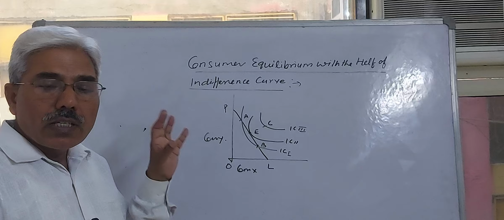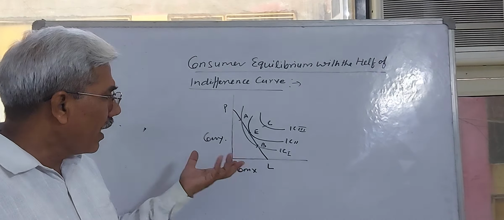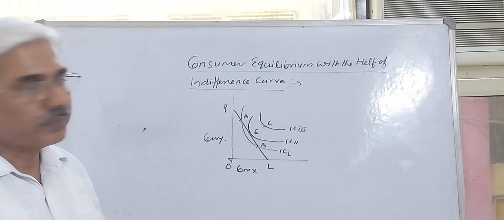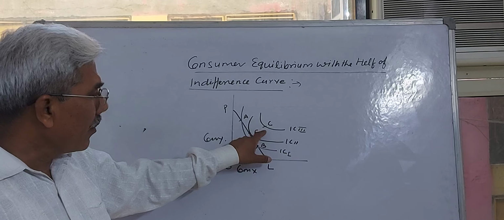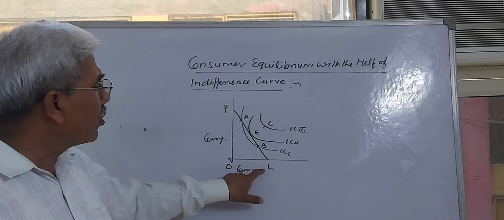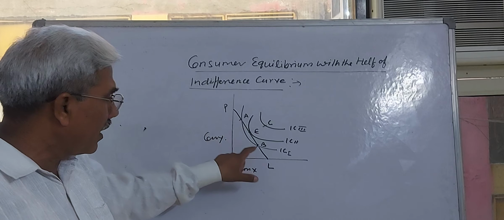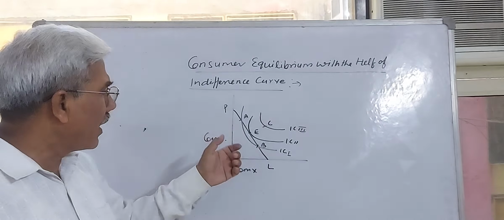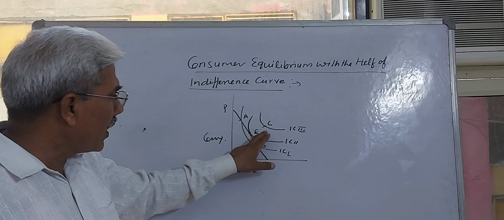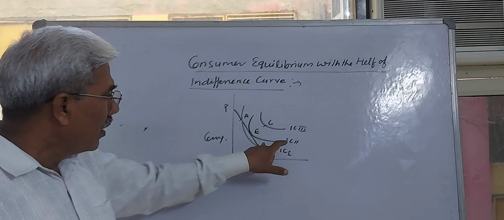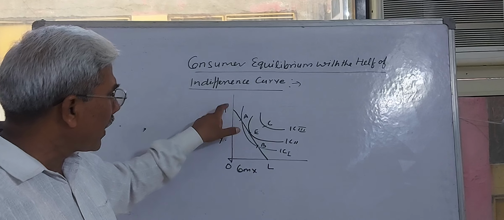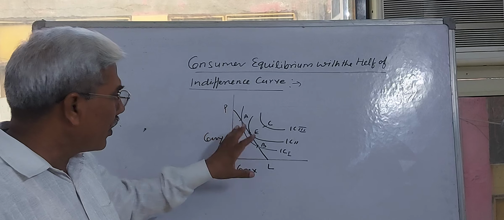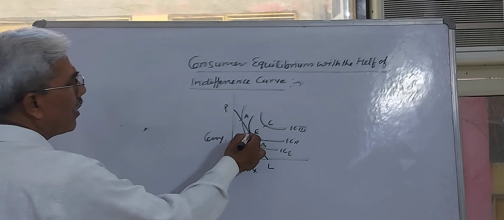You know, the consumer likes to maximize his satisfaction, and he will maximize it at a higher level of indifference curve. Point C is beyond the purchasing power of the consumer because his price line is there, and the third indifference curve is at a higher level which he cannot reach. In this way, the consumer will not reach point C, but he can reach point E where indifference curve IC second touches the price line PL, where the consumer is getting maximum satisfaction.